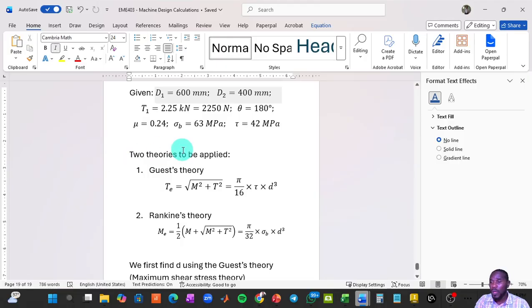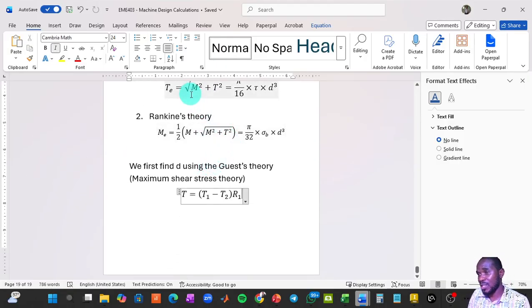So first off, we are starting with Rankine's theory. So I'm off to find what the value of T is. Then after that, I will find what the value of M is, and I come back to this equation right there. Okay, so we know this. We know what R1 is. We know this T1, the maximum tension, the tension in the tight side.